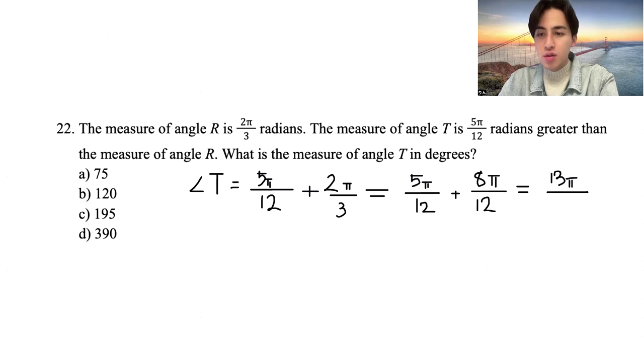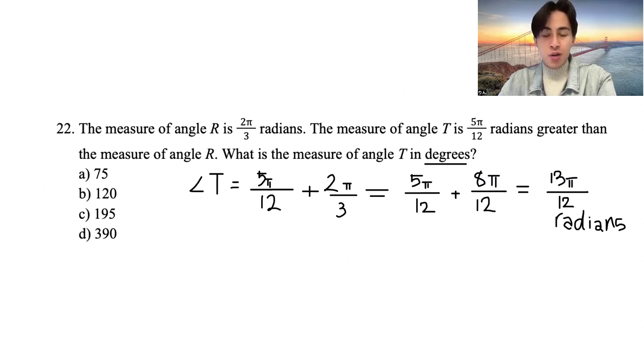over 12. And by the way, this answer right here, well, it's not the final answer, but this answer right here is in radians. So the measure of angle T is 13 pi over 12 radians. But they're asking us to find the measure of the angle in degrees.